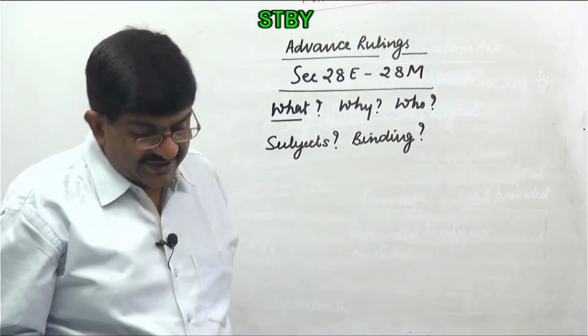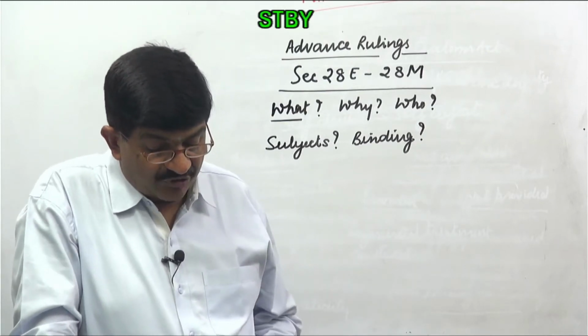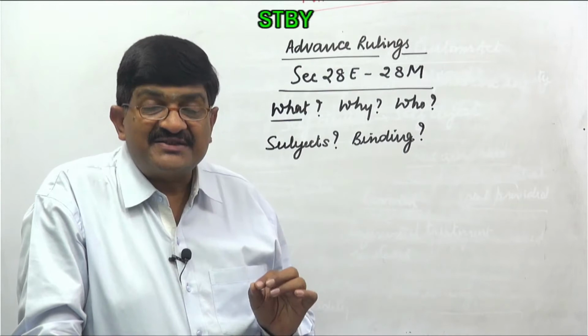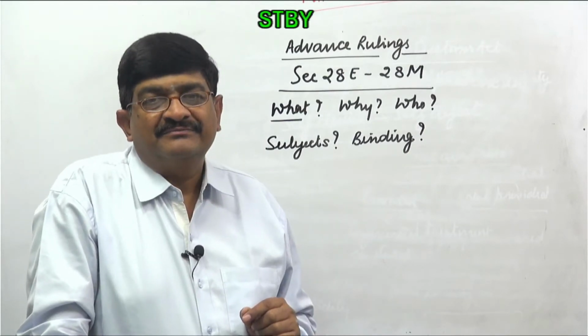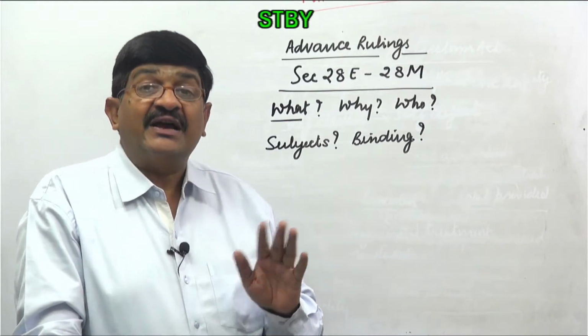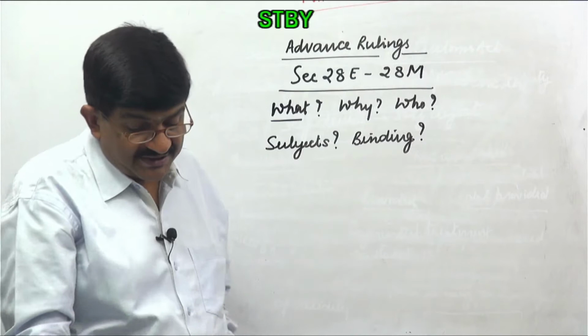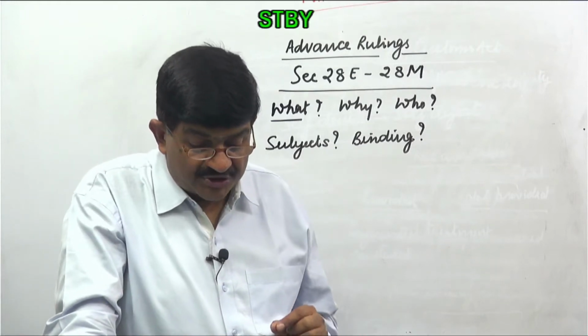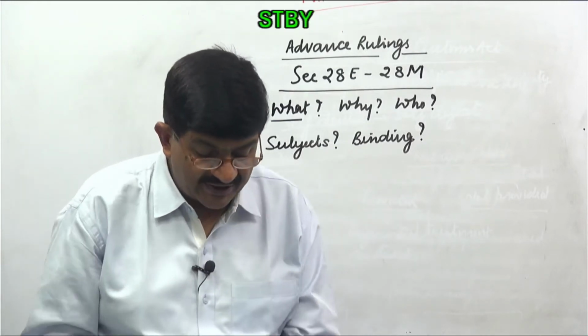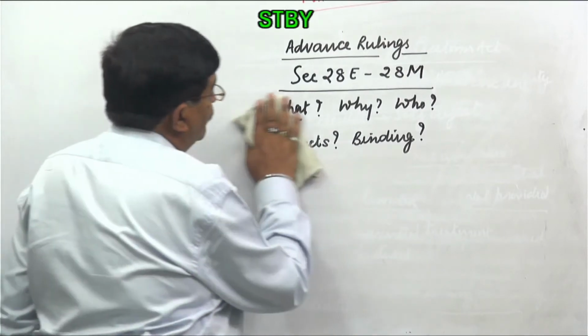If you look in the definition section 28E, this says advanced rulings means a written decision. I have a different opinion. This is not a decision. This is again an opinion expressed which is binding. Anyway, written decision on any of the questions referred to in section 28H. Let us see one by one what it says.